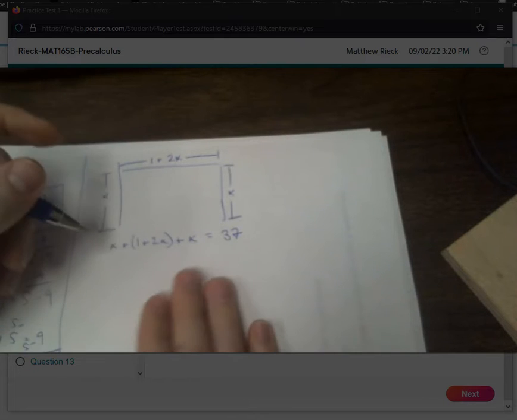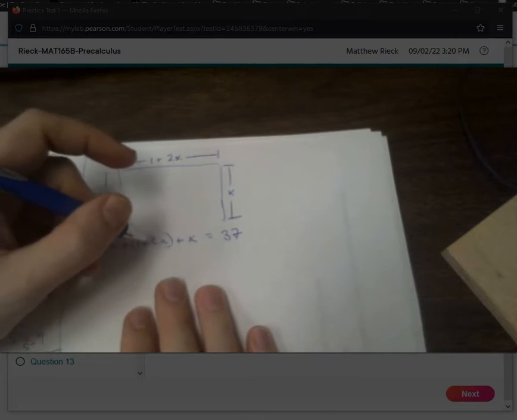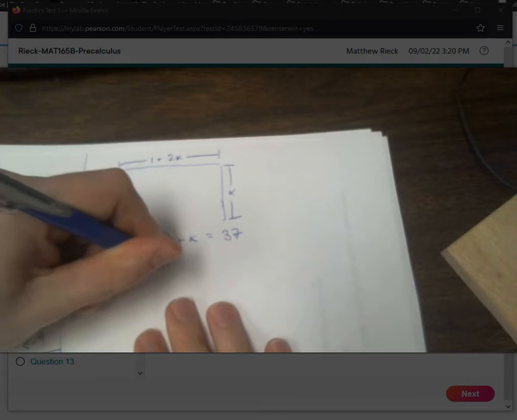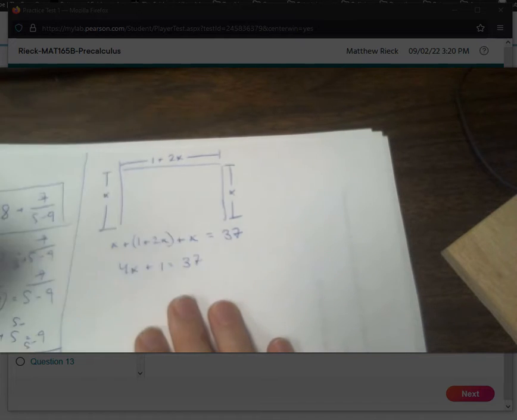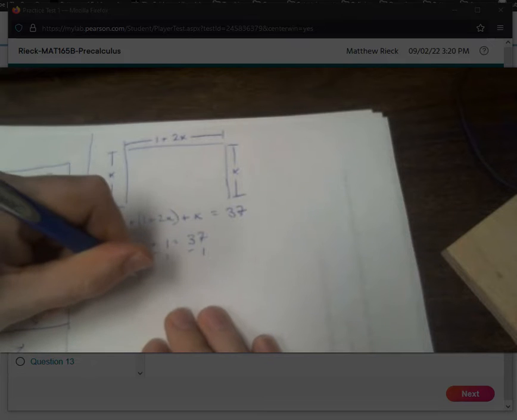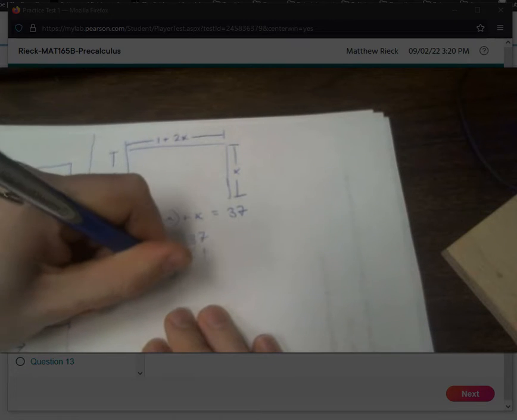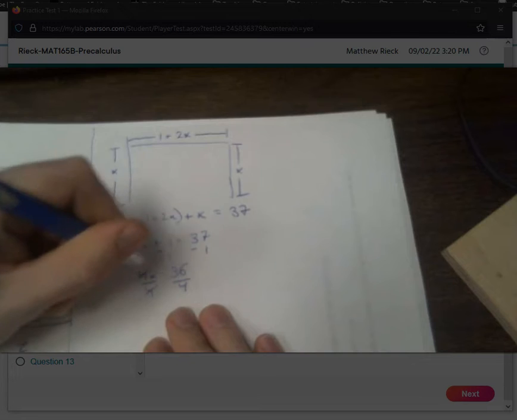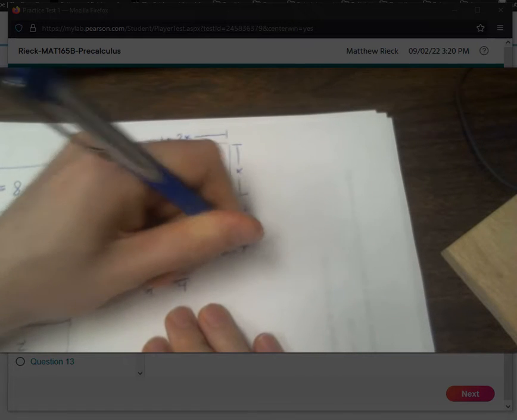All right. So when I combine my terms, x plus 2x plus x, that's going to be 4x plus 1 equals 37. So you can subtract a 1 from each side. We have 4x equals 36, which again we can divide both sides by 4. So you have x equals 9.